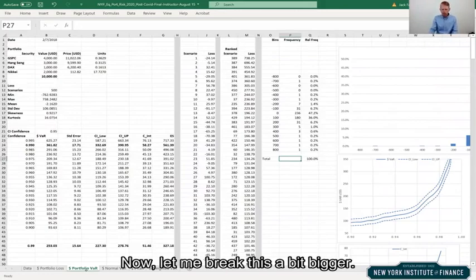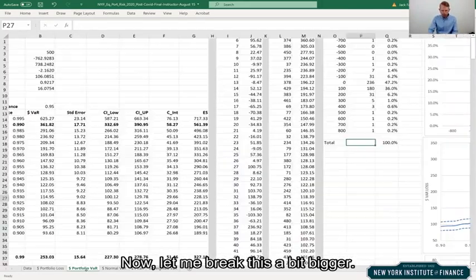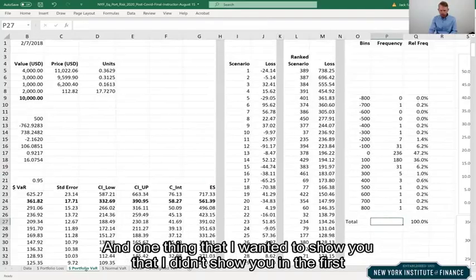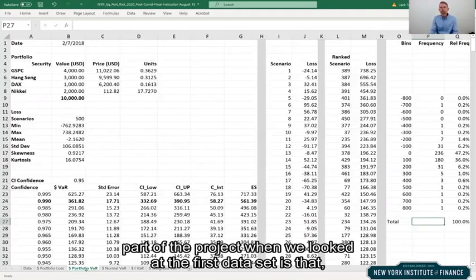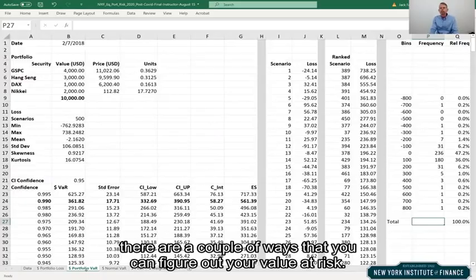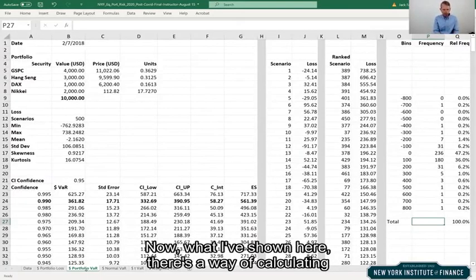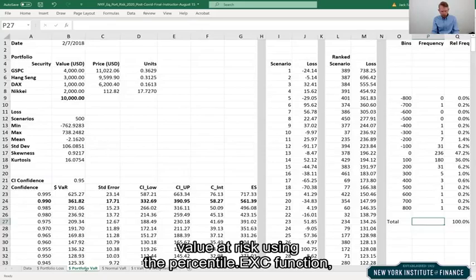Now, let me make this a bit bigger. One thing that I wanted to show you that I didn't show you in the first part of the project when we looked at the first data set is that there are a couple of ways that you can figure out your value at risk. What I've shown here is a way of calculating value at risk using the PERCENTILE.EXC function.